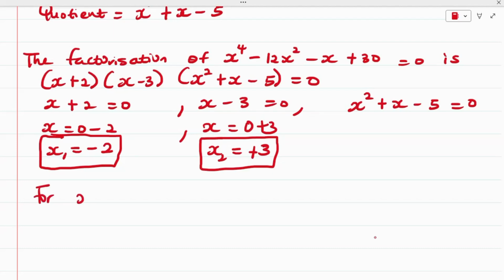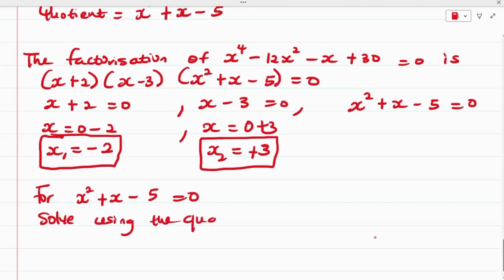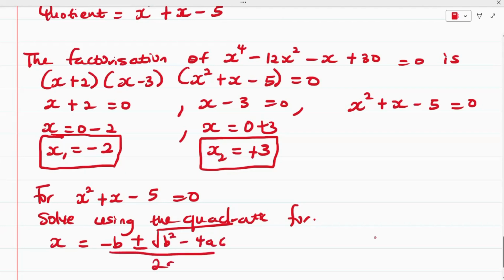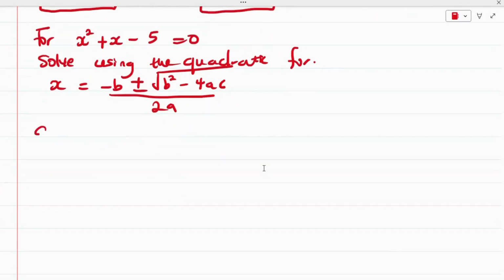So for x squared plus x minus 5 equals 0, we are going to solve using the quadratic formula that states that x is equal to minus b plus or minus the square root of b squared minus 4ac, all over 2a. So from here we have that a is equal to 1, b is equal to 1, and c is equal to minus 5.